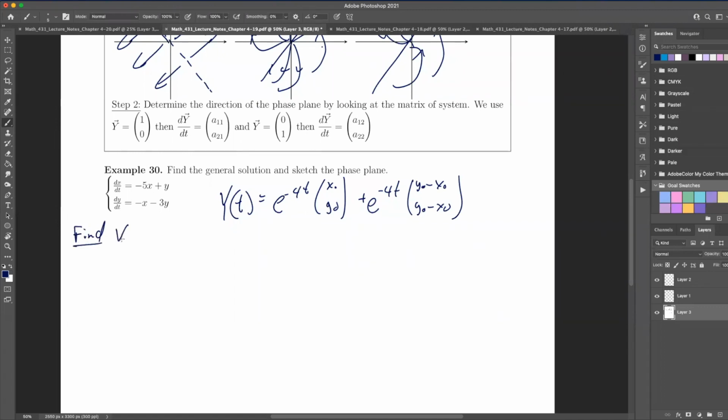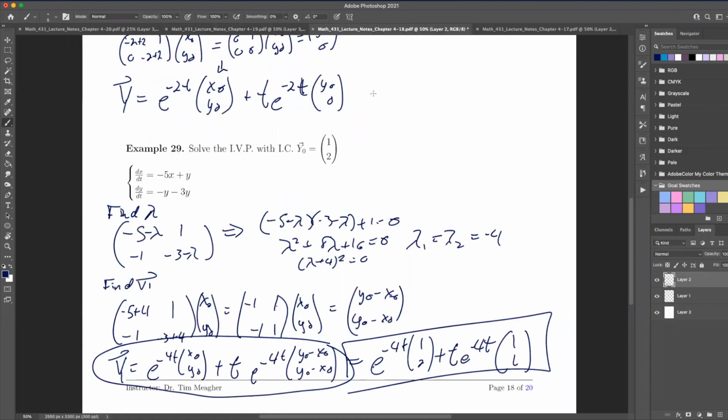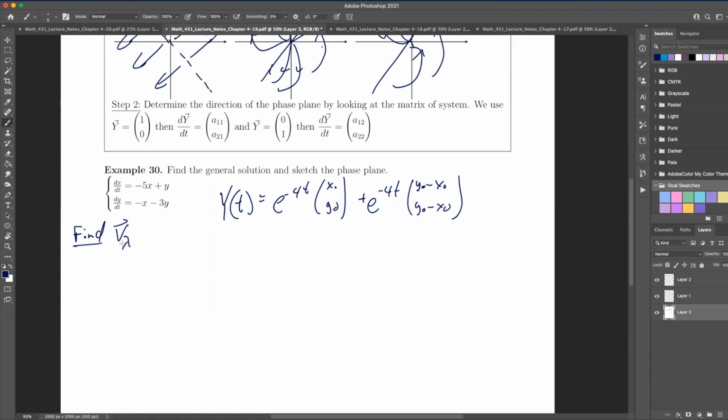So I'm going to find lambda. We never found that, right? It's not here. We found a v1, but what is v1? Let me find lambda real quick. So this would be minus 5x1 plus y1 equals minus 4x1. And this would be minus x1 plus minus 3y1 equals minus 4y1.